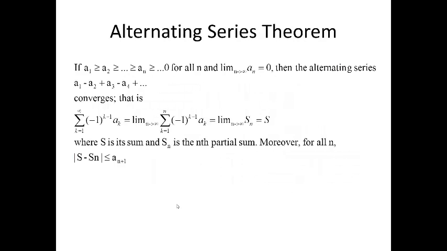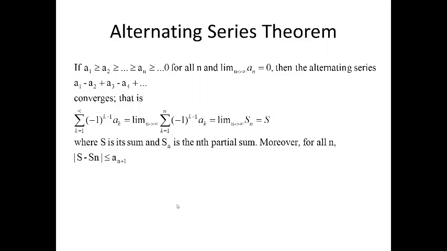So the alternating series theorem tells us if a1 is greater than or equal to a2 is greater than or equal to a_n, which are all greater than 0 for all n, and the limit as n goes to infinity of a_n is 0, then the alternating series a1 minus a2 plus a3 minus a4 plus a5 minus a6 converges, and the sum of this series, the sum of (-1)^(k-1) a_k, is equal to the limit as n goes to infinity of the sum from k equals 1 to n of (-1)^(k-1) a_k, which is equal to the limit as n goes to infinity of s_n, which is equal to s, where s is its sum and s_n is the nth partial sum.